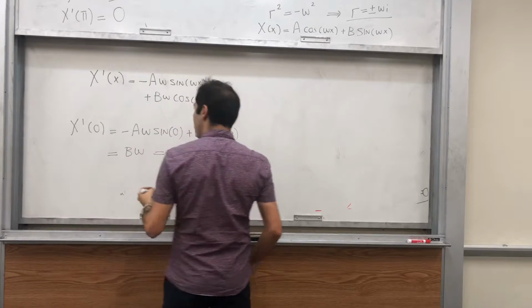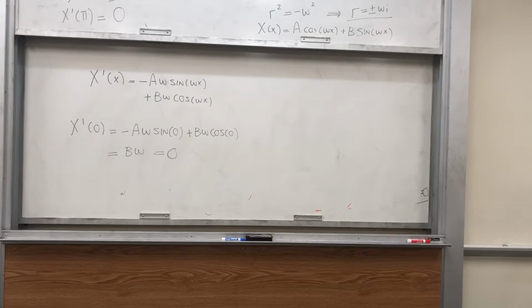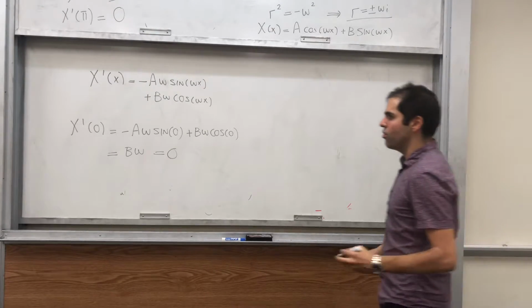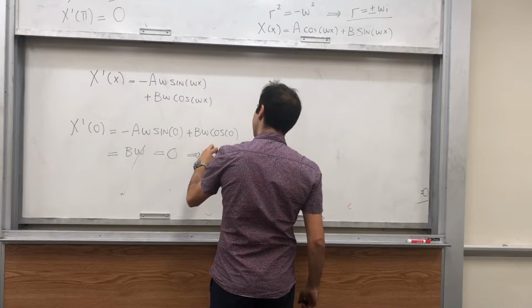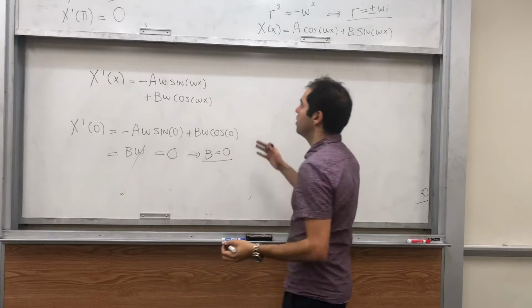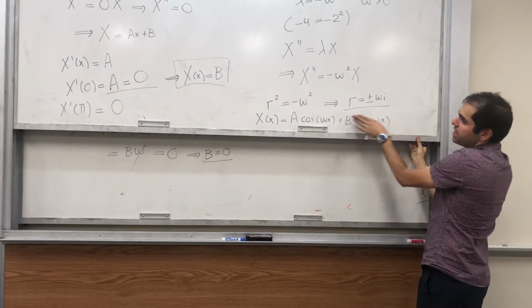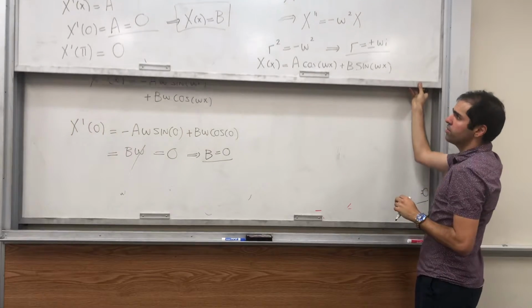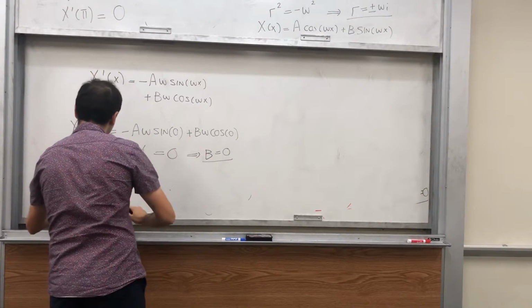And we know X prime of 0 is 0. So therefore, we cancel out the omega because it's positive, and you end up getting b equals 0. Which tells us from here, b is 0, so X is a cosine of omega x. And we'll need this in a second.